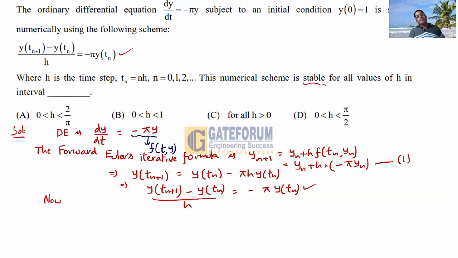usually for stability analysis, your Euler's forward iteration formula can be expressed as y n plus 1 is equal to E into y n plus hk. What is that E? What is that h? What is that k?